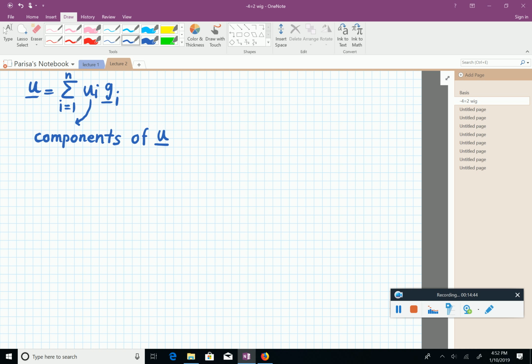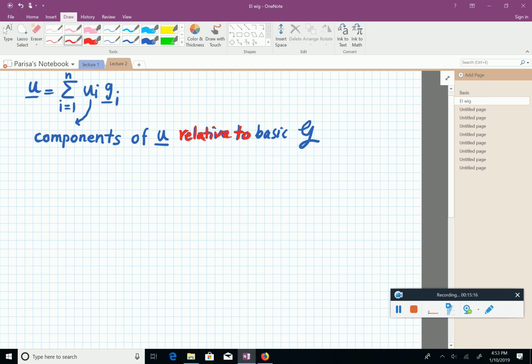No. So we need to state this a little bit more carefully. These are components relative to the basis that I chose earlier. I should have made this red actually, because this is important.